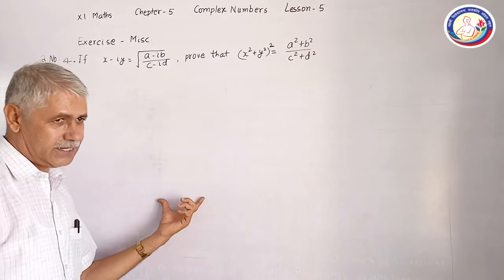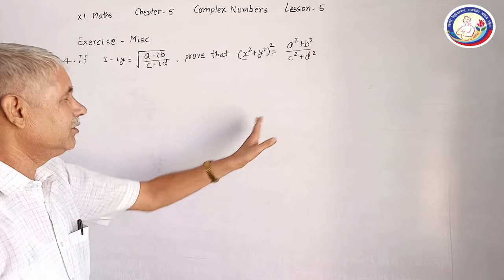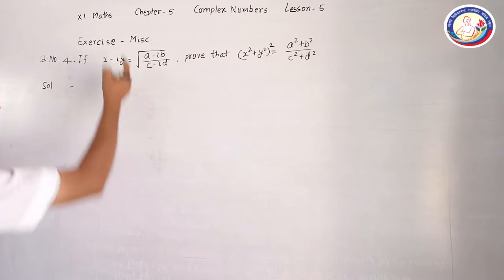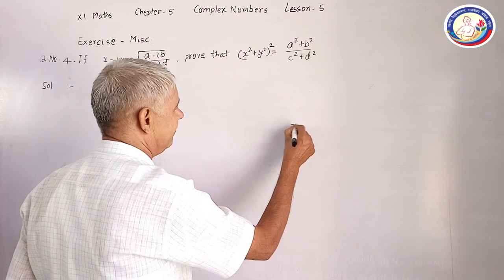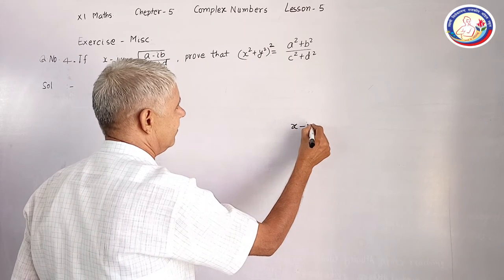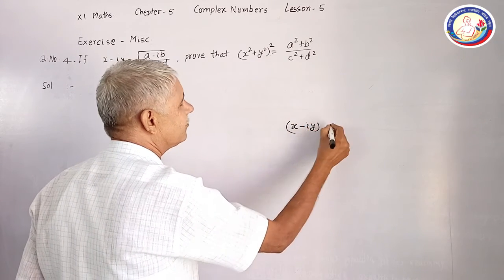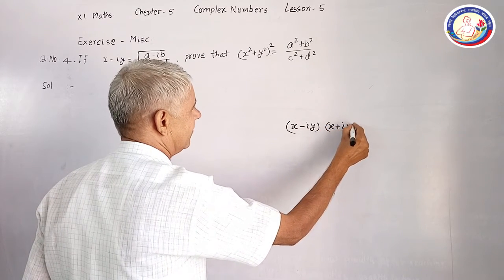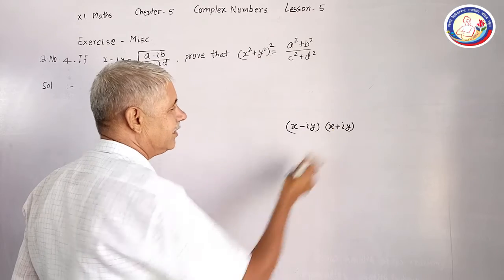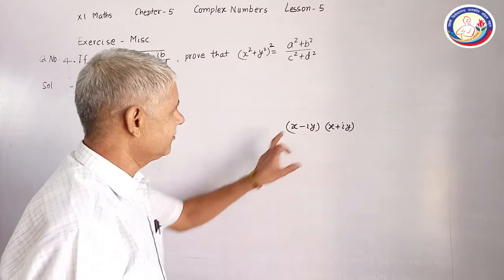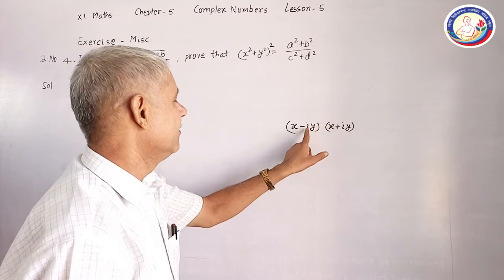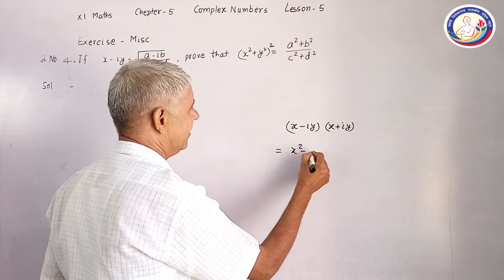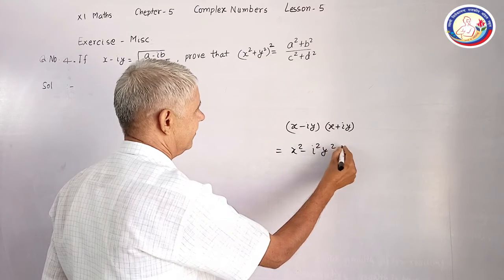So if one way fails, then we must proceed to the next alternate. So what we will do here, if we multiply x minus iota y by its conjugate, we can easily obtain x square plus y square, because this will be x square minus iota square y square.